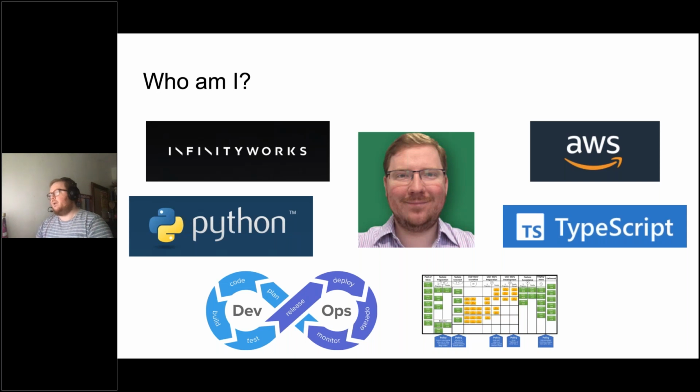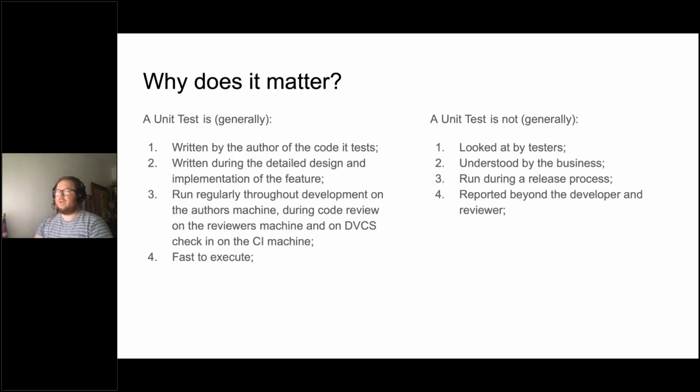Big lover of DevOps, and a big advocate for visualizing your work. So that's what that horrible Kanban board that I picked off Google is there to represent. I think it's very important to try and visualize things and not just keep them in your head when you're trying to manage stuff. Unfortunately, as time goes by, you end up managing stuff more and writing code less, but that's not what this is about. This is about the fun bit of the job, as I like to think of it.